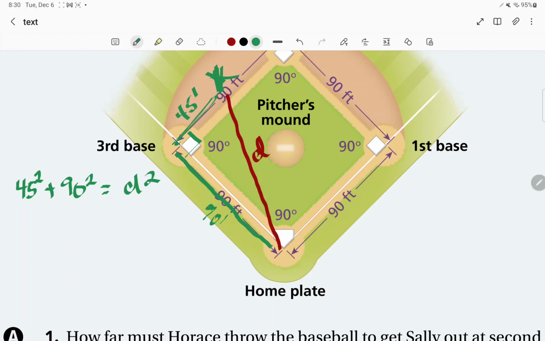You can take 45 squared plus 90 squared and then take the square root of that. So whatever this is, you would put that into your calculator first and then take the square root of that, and you should get the distance is equal to 100.62 feet. That's that distance right there.